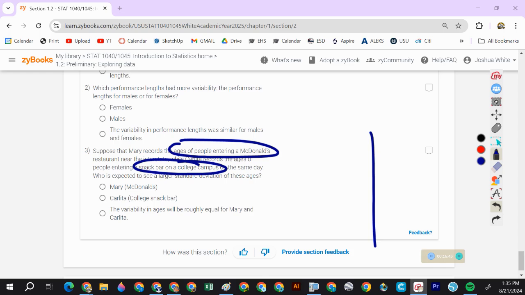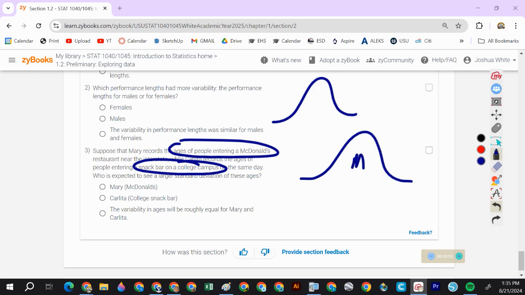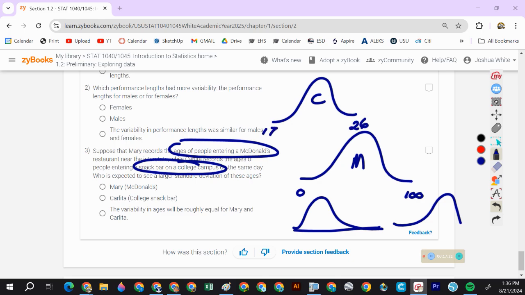So if I were to draw the normal curves, if they happen to be normal, which we're assuming they are, the McDonald's line could go all the way from 0 to 100, right? And maybe it would be slanted a little bit. Maybe there aren't as many old people, or maybe this particular McDonald's doesn't have any young people. But in college, they're pretty much all going to be from 17 to 26, right?